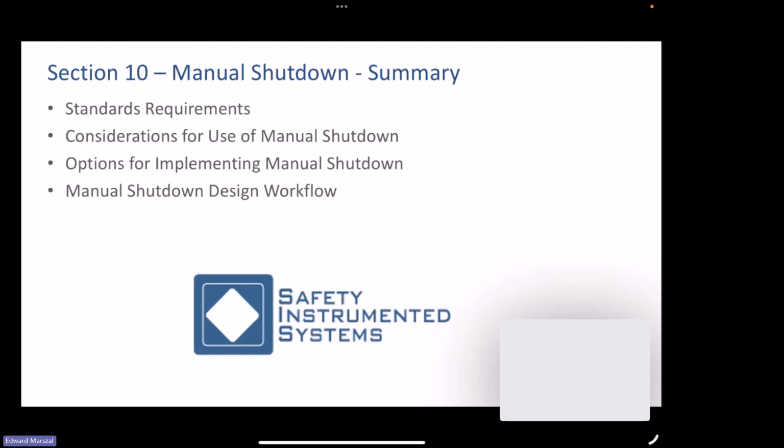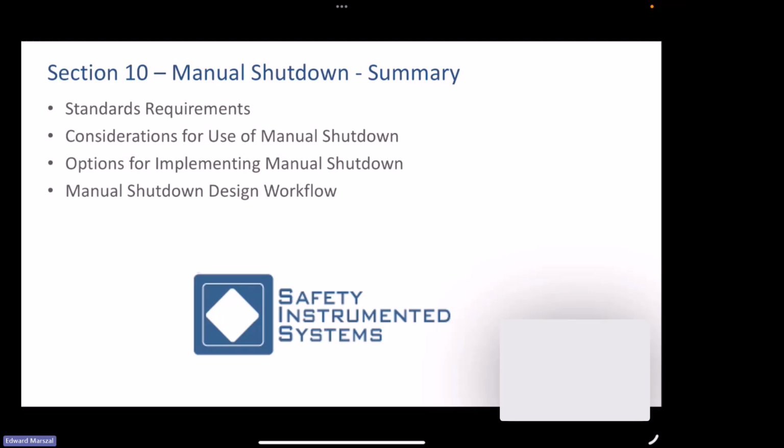Okay, that's one thing. But on a final element by final element basis, there are means to say, I want to do it for this one, I don't want to do it for that one. And the ones that you don't want to do it for are the ones that have a really short process safety time where there's realistically no benefit. And then the other ones are, well, if the SIS valve didn't close, I've got another way to accomplish the same thing.